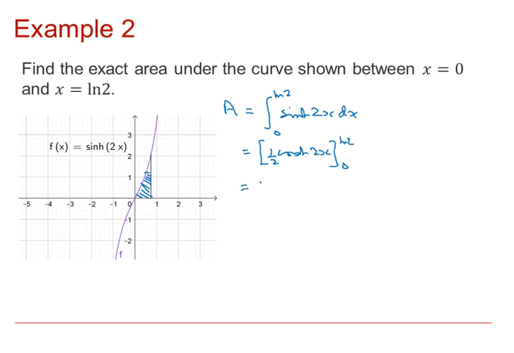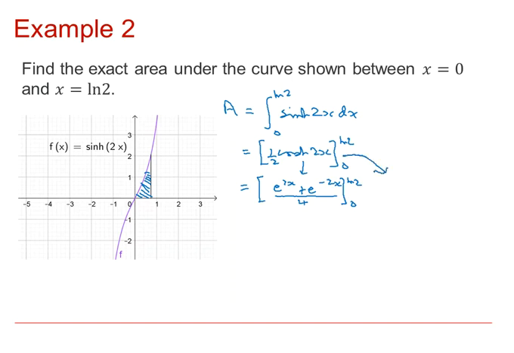One approach is to use your hyperbolic definition of cosh 2x, so this would become e to the 2x plus e to the minus 2x over, and there's a half already, so it would become a quarter from 0 to ln 2.